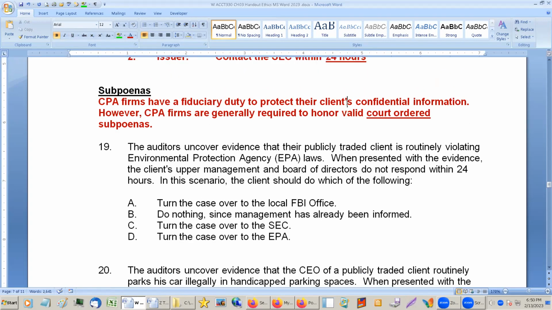So they don't have to share information with basically anybody. But if there is a court ordered subpoena, then generally they do. And I say generally because there are a few states that don't require that. There are a few states where CPA firms basically have the same client privilege as lawyers do, which is kind of unusual. They may not have to honor a court-ordered subpoena.